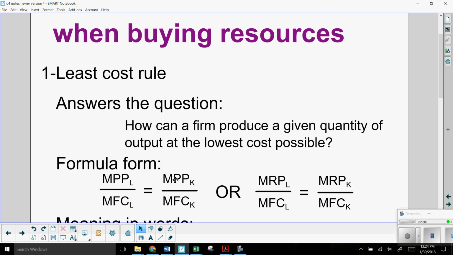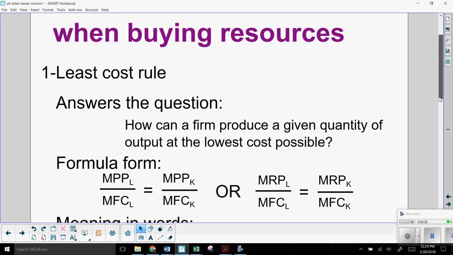Well, that should equal the number of pizzas I get from buying the last unit of capital over the marginal factor cost of capital. And this is a lot like marginal utility over price equals marginal utility over price, but just for two different things the firm buys.